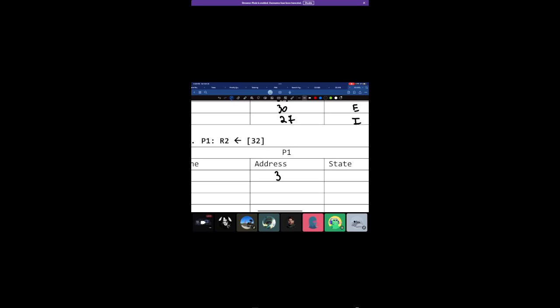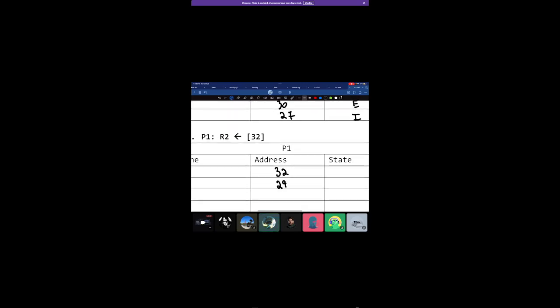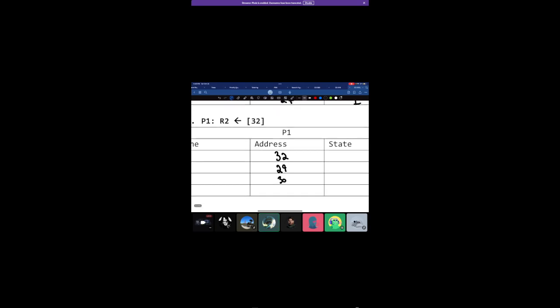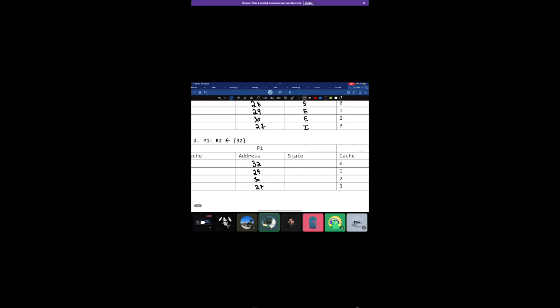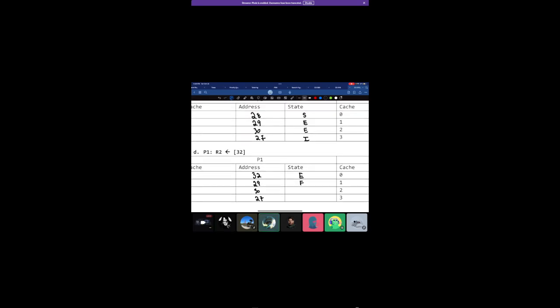We had to replace 27 with the 28. Since we got it directly from main memory, that's going to be exclusive. Exclusive. Right.